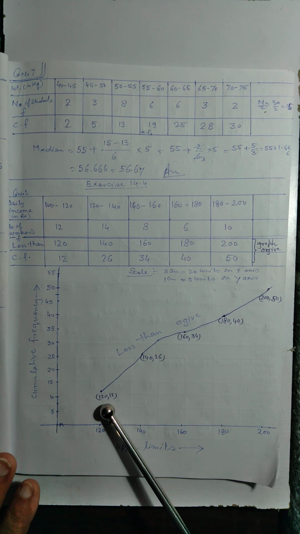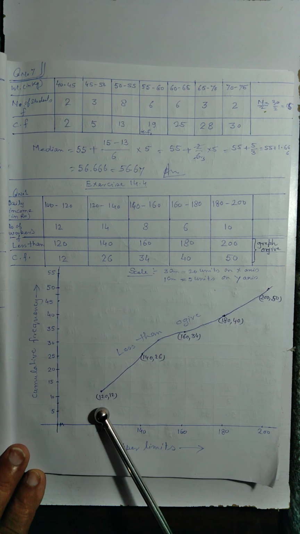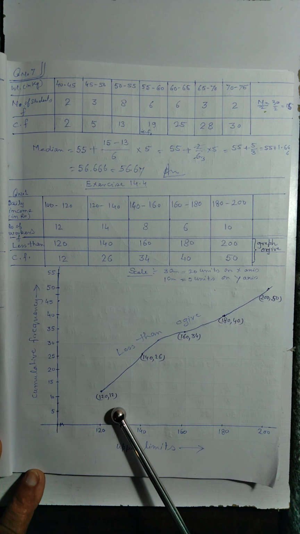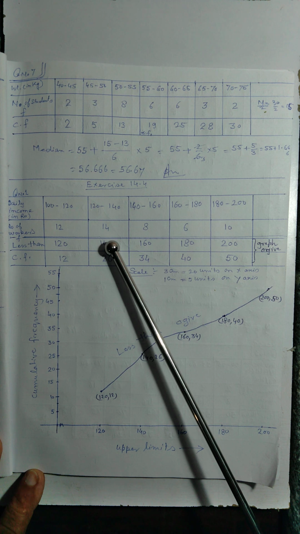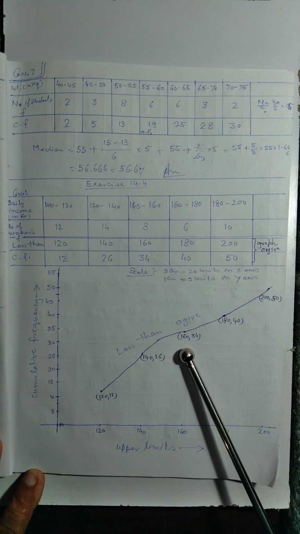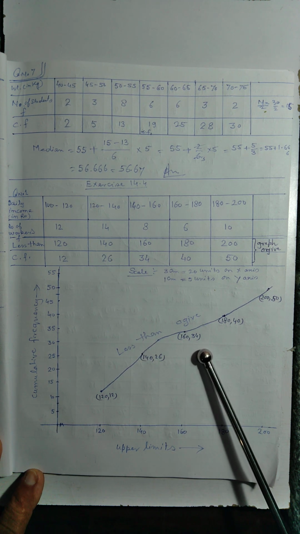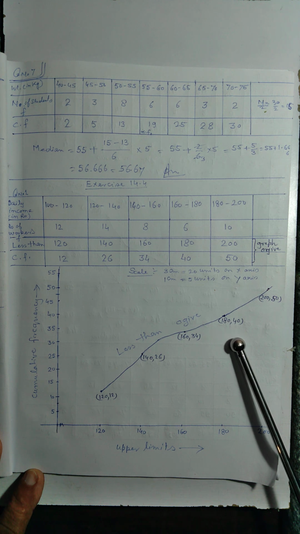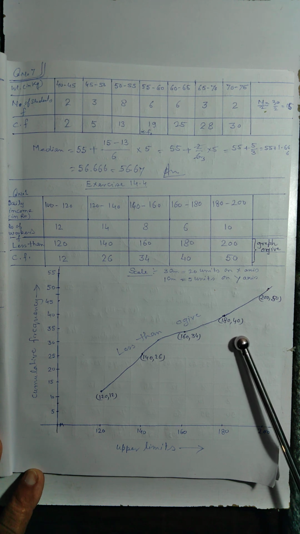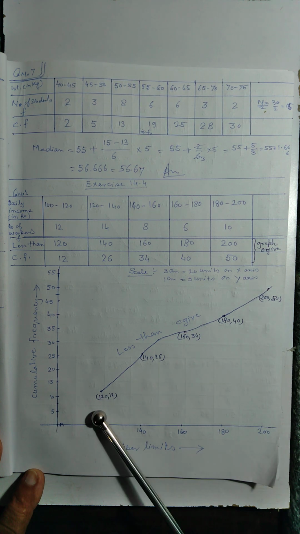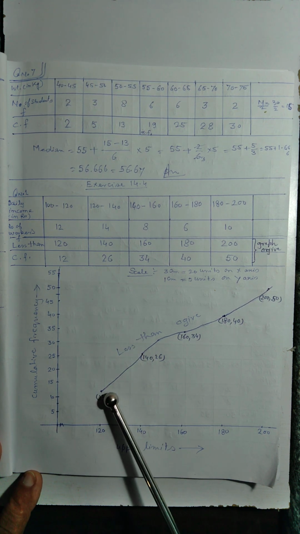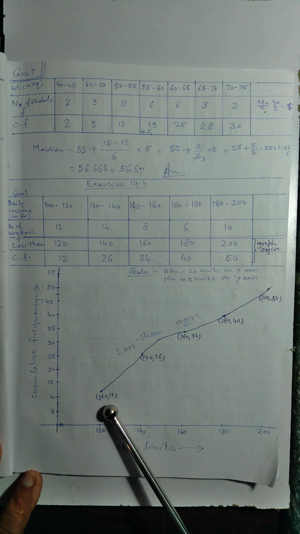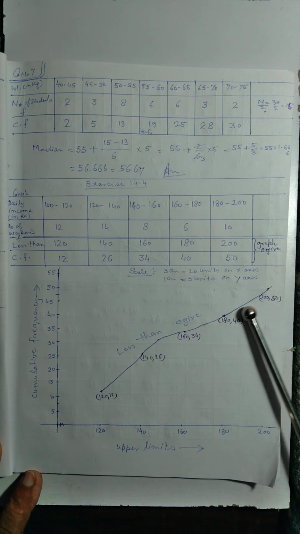Now with the help of the coordinates, देखिए आप यहाँ पर 120 और 12, 140 and 26, 160 and 34, 180 and 40, 200 and 50. So with the help of these coordinates we can plot the points first, and with a freehand curve we join these points.